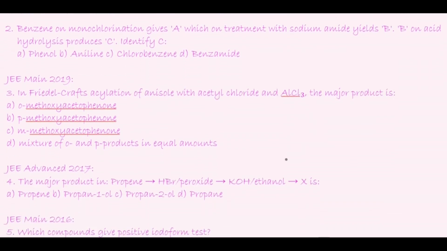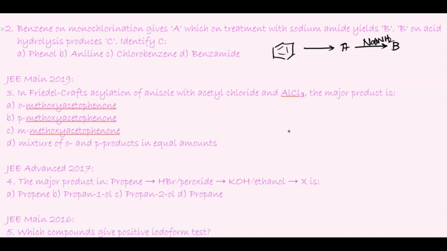Let's move on to the next question. Benzene on monochlorination gives A, which on treatment with sodium amide yields B, an amide.